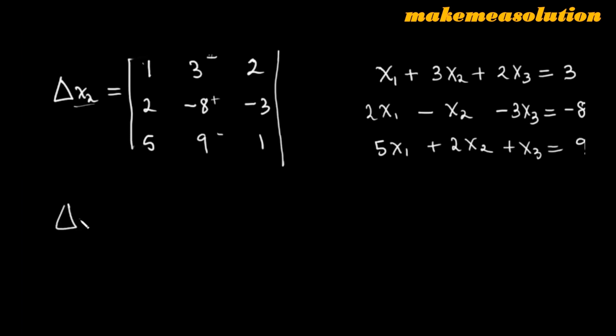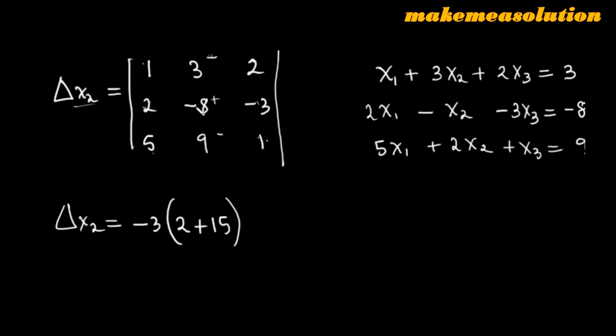So delta x2 is going to be, if you start with this, minus 3 into, what are the minors of this particular element? You have this, and this. So 2 times 1 is 2, and 5 times negative 3 is negative 15, since you're subtracting, it becomes plus 15.